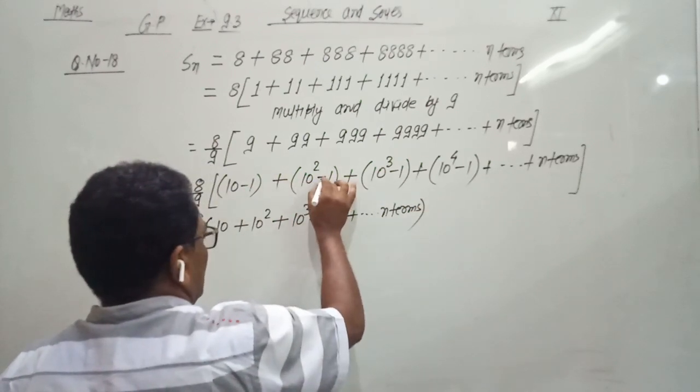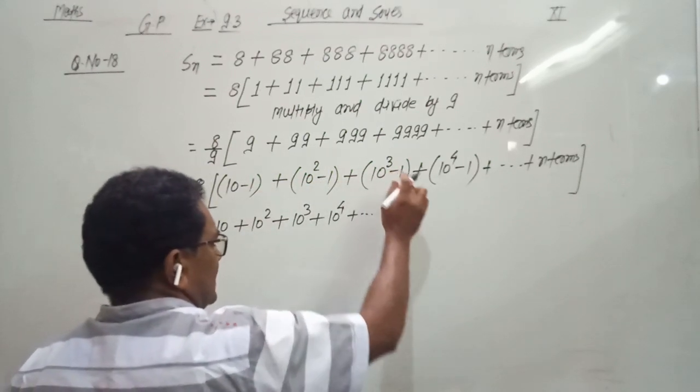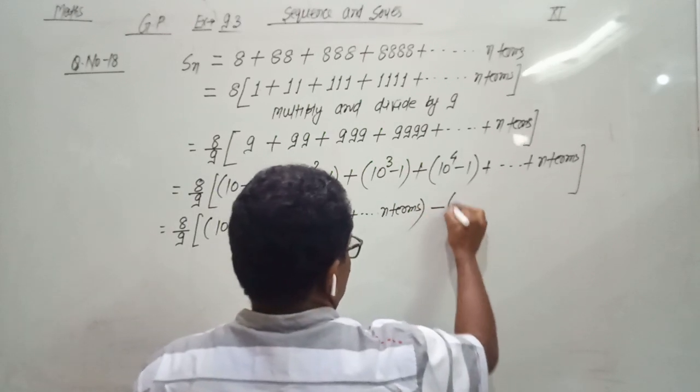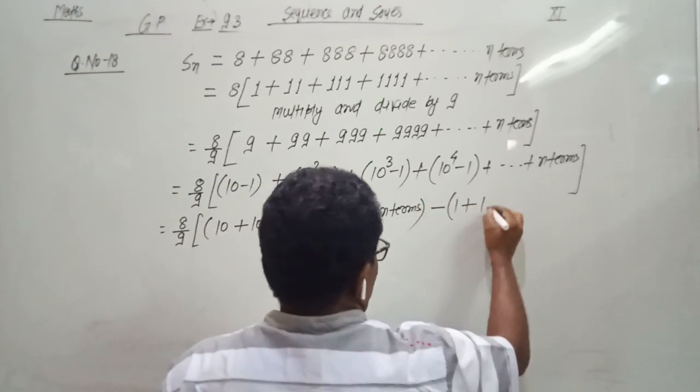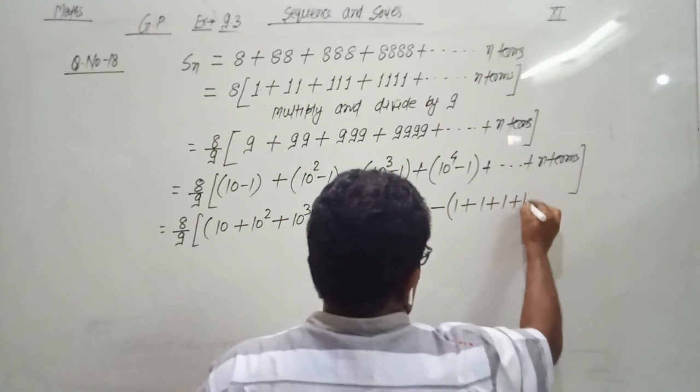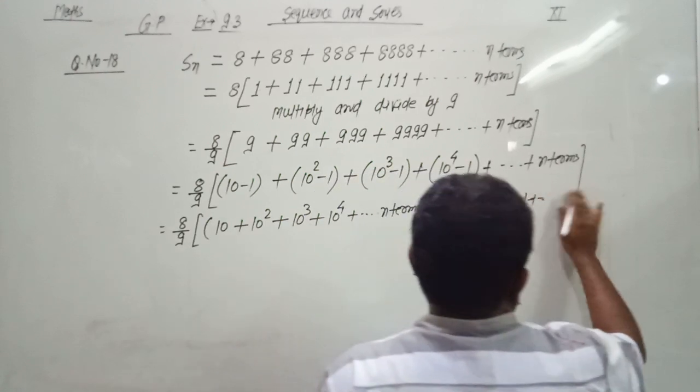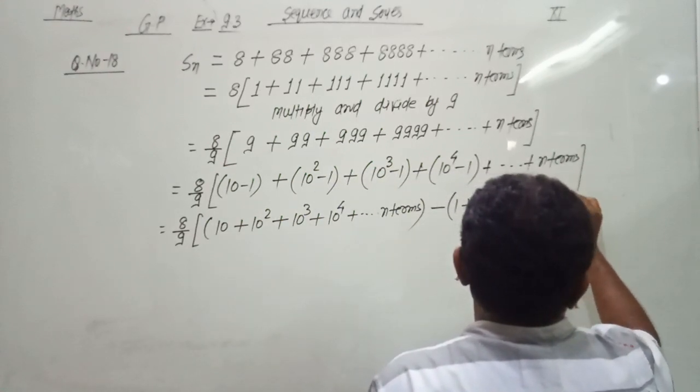And from minus 1, minus 1, minus 1, we take minus as common. So 1 plus 1 plus 1 plus 1 up to n terms.